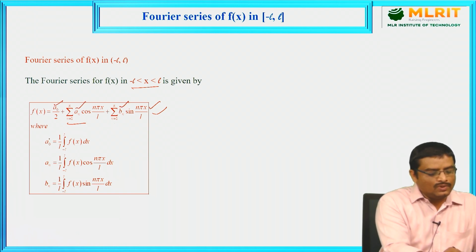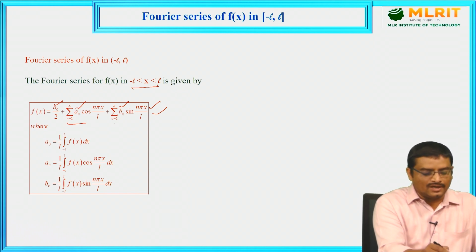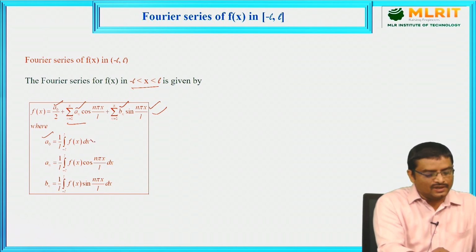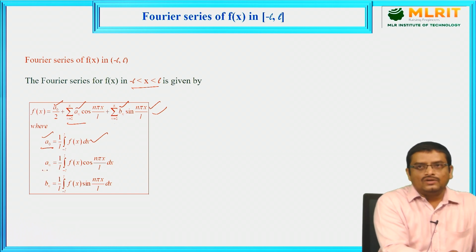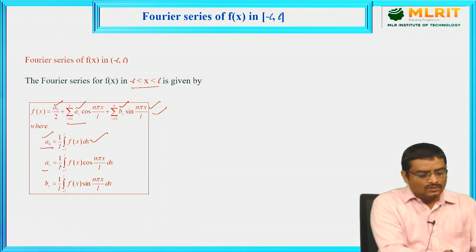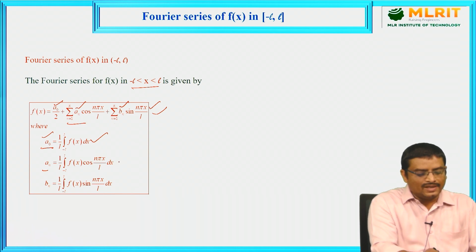One by one we will take the formulas to find these values in the interval minus L comma L. a naught is equal to 1 by L integral from minus L to L f of x dx. Similarly, a n is equal to 1 by L integral from minus L to L f of x cos n pi x by L dx.